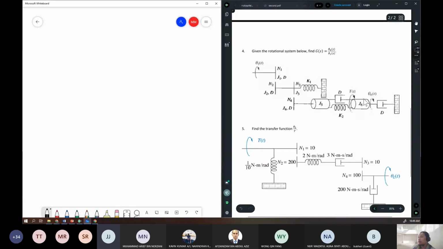Okay, so there are a lot of possibilities. So kebanyakan student kalau soalan ni keluar, they just simply add up everything to J6. Okay, so jawapan tu completely wrong lah, because J5 and J6 you cannot add these two together, because of the damper and spring, and there is no gears in between J5 and J6.